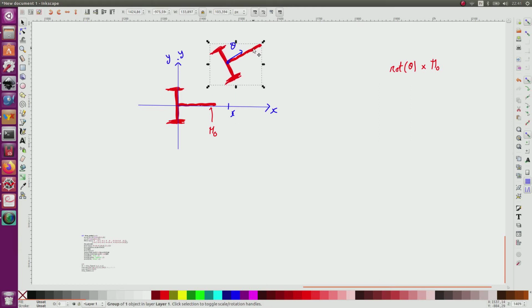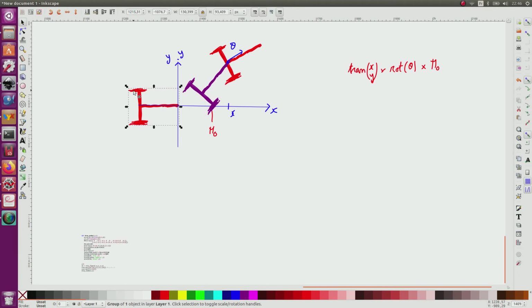For this I will have to multiply by the translation transformation, which is X and Y. Assume now that I want to put the second sledge at this position. So I take the first initial sketch M0, and I will have first to translate like this.